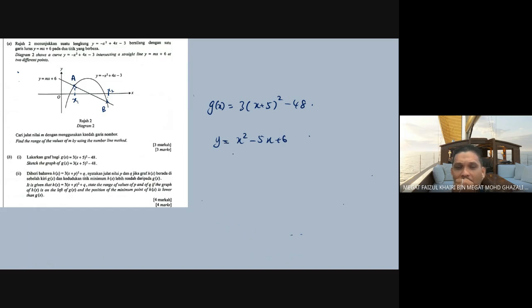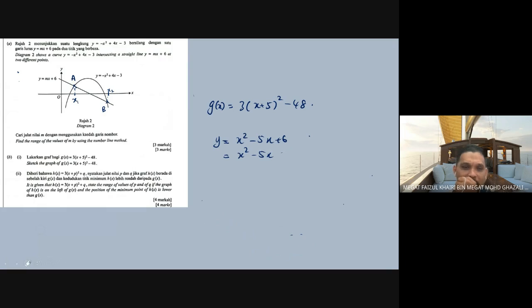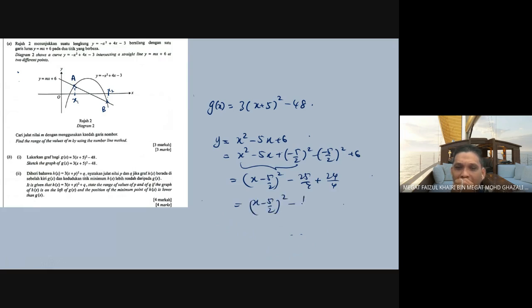If I do the completing the square method, then we get x minus 5 over 2 squared minus 25 over 4 plus 24 over 4, then x minus 5 over 2 squared minus 1 over 4.